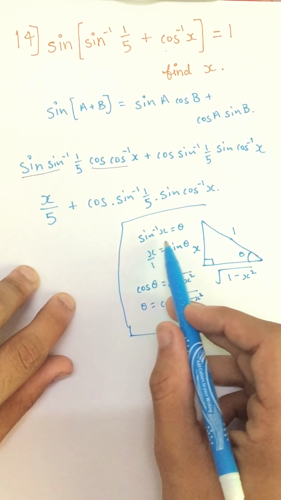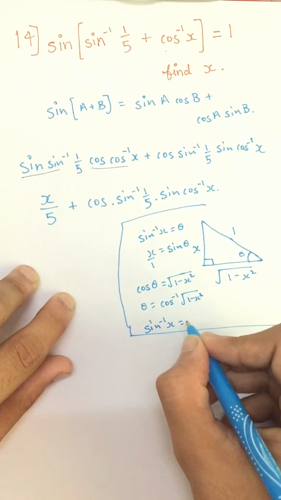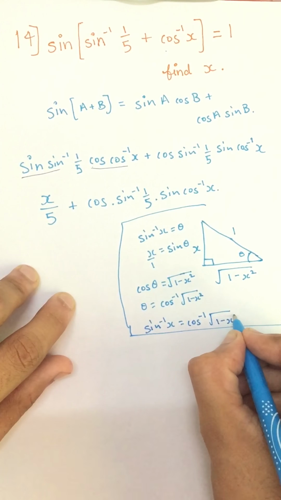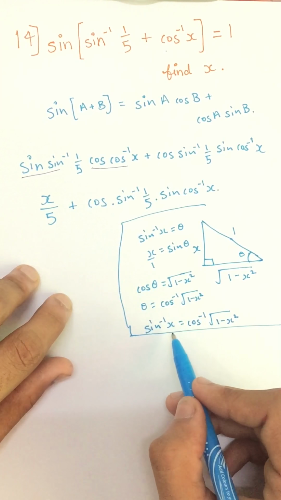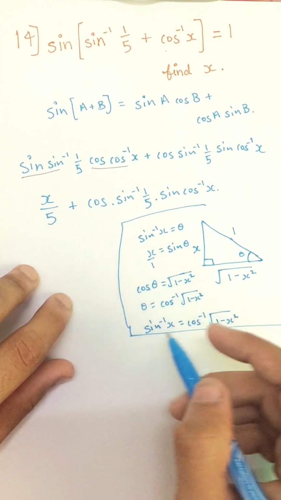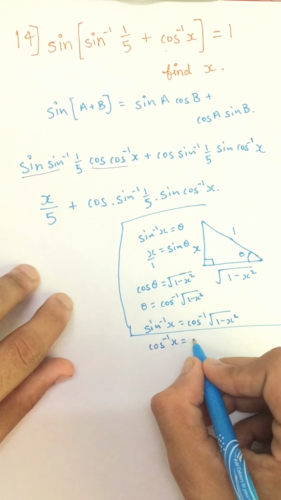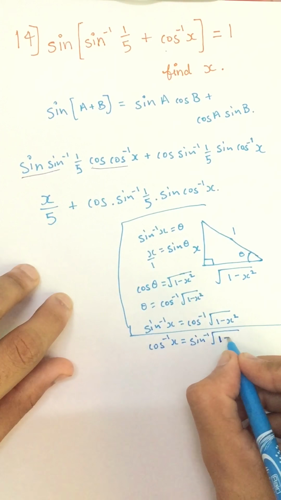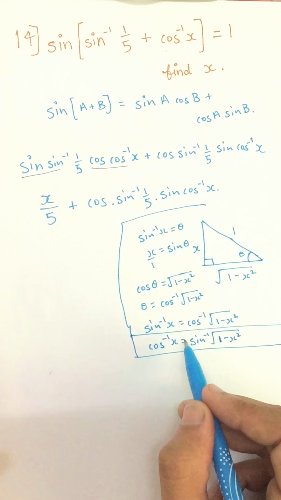So sine inverse x equals cos inverse of under root 1 minus x square. Similarly, if I solve for cos inverse x, I am going to get sine inverse of under root 1 minus x square. So I can conclude that cos inverse x equals sine inverse of under root 1 minus x square. This is going to be very helpful to solve our question.